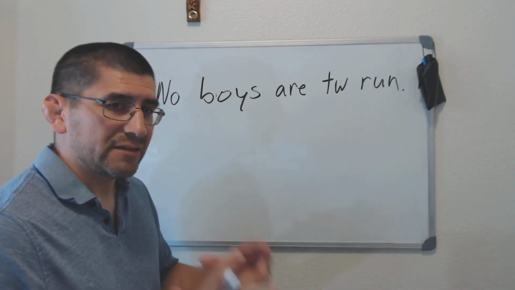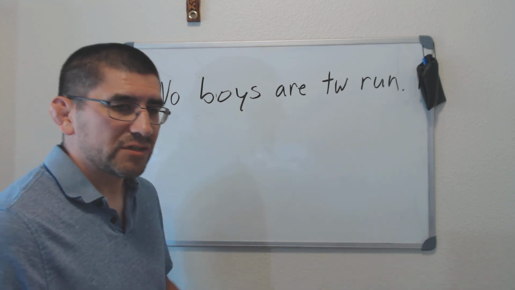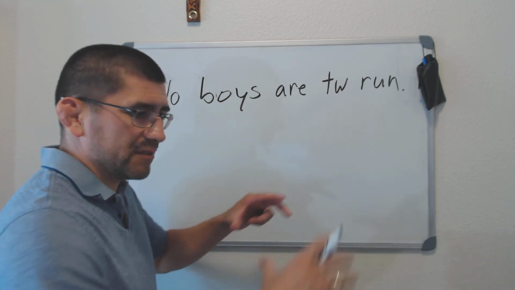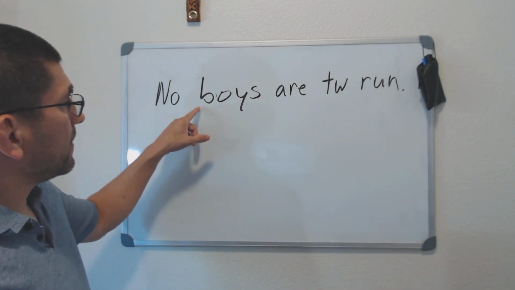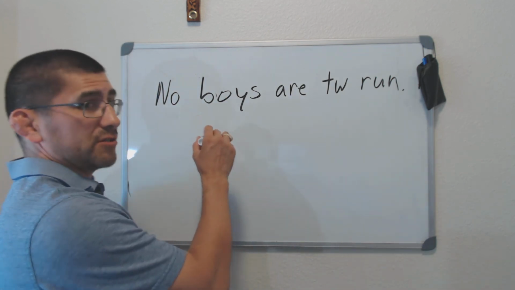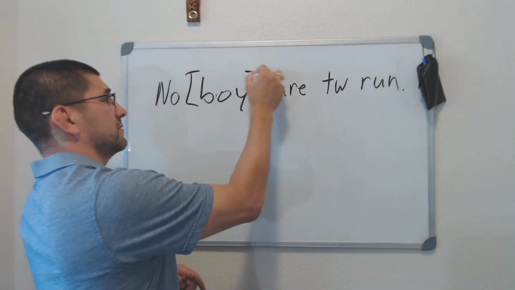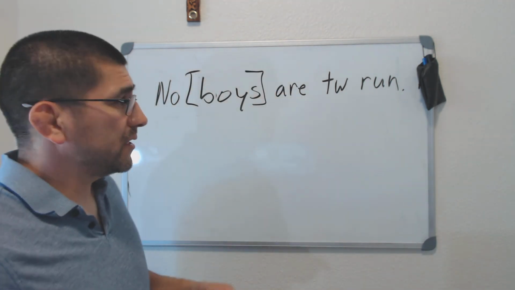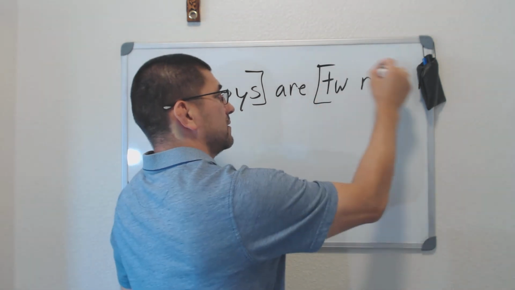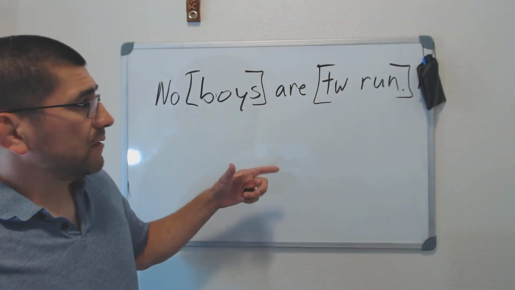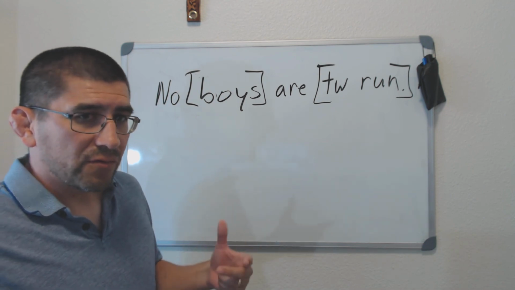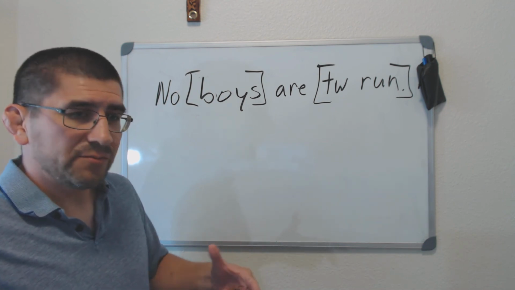I want to clearly identify what those are, because when we start testing arguments for validity, we need to know what they are because they move around. So the subject term is boys, and the predicate term is that which run.